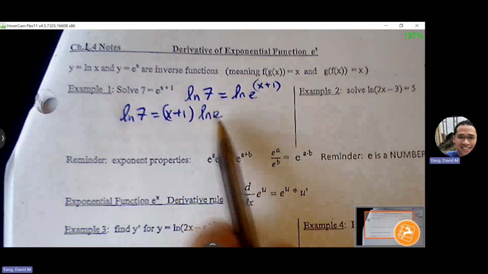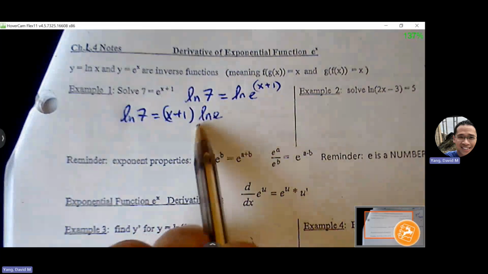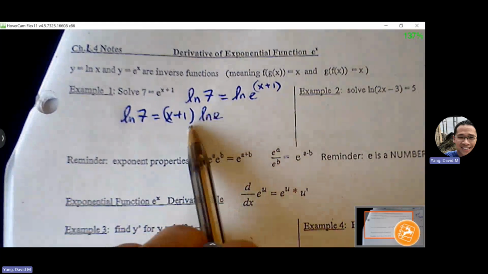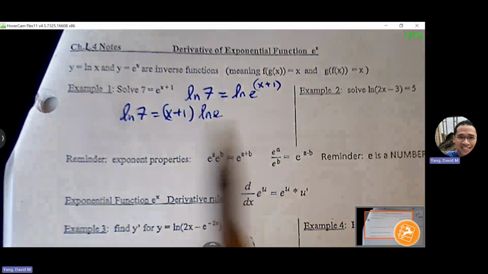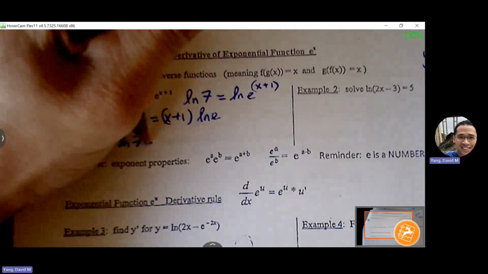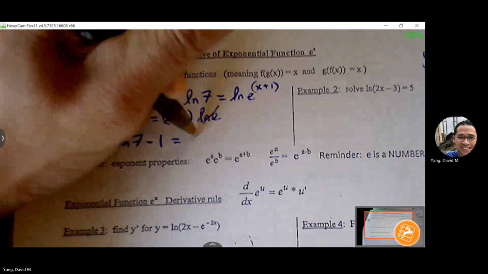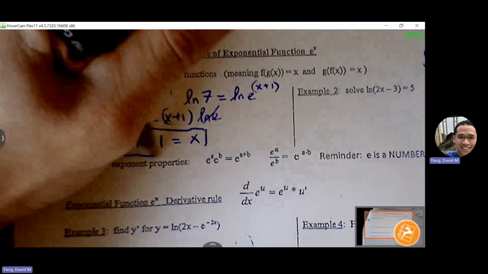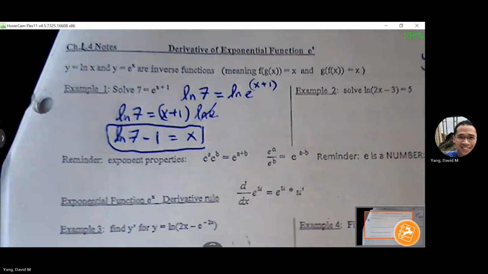So natural log and e, because they're inverses of each other, if I pair them up, they have a way of canceling each other out. So that goes away. And I'm just left with x plus 1 equals natural log of 7. Natural log of 7 is just some decimal value. If I want to solve for x, I just have to subtract the 1 over, and that's my answer.